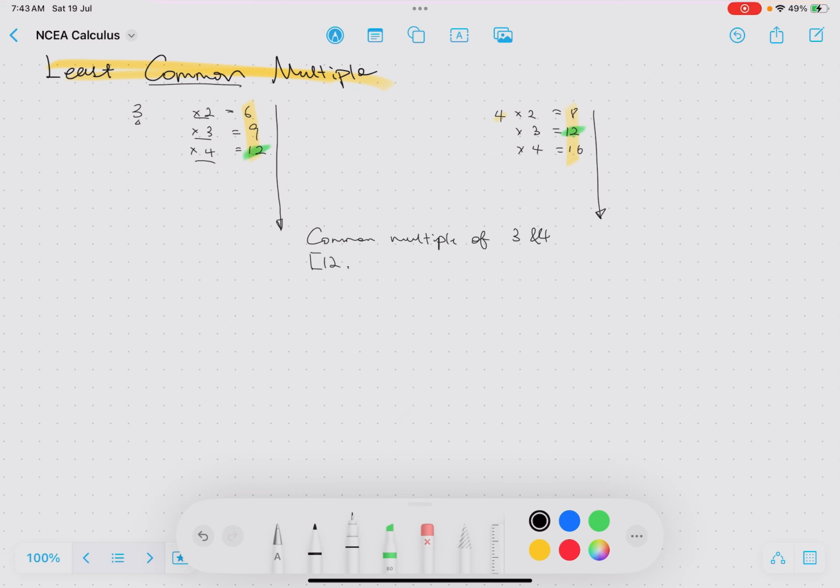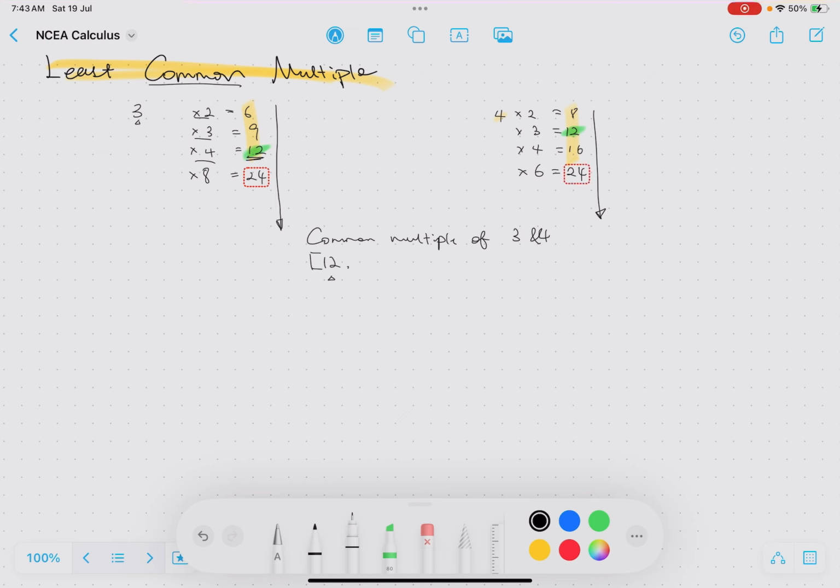And if we keep thinking about what other common multiples 3 and 4 have, there's going to be an infinite amount, because we can just keep doubling or tripling 12, or times 12 by another integer. If we think about doubling it, 24. 24 is a multiple of 3 if you times it by 8, and it's a multiple of 4 if we times it by 6.